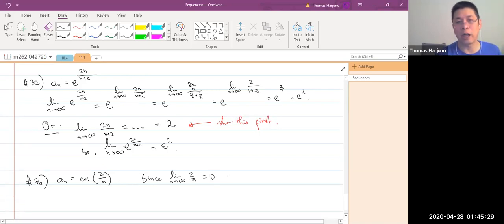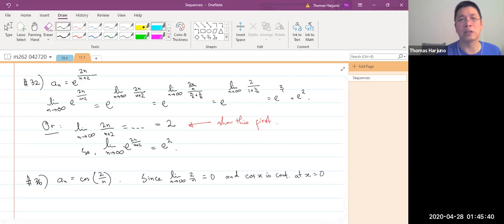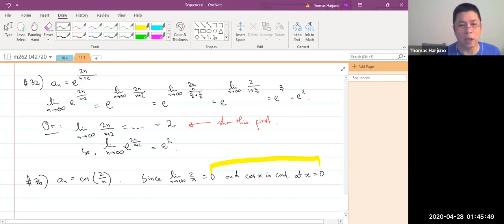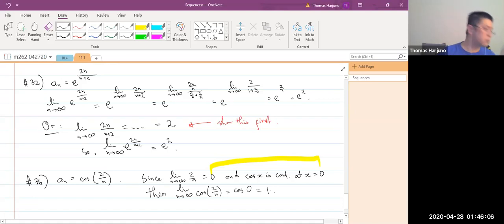Equals 0. And cosine x is continuous at x equals 0. Then the limit as n goes to infinity of cosine 2 over n equals cosine 0, which is 1. That's how we argue about it.